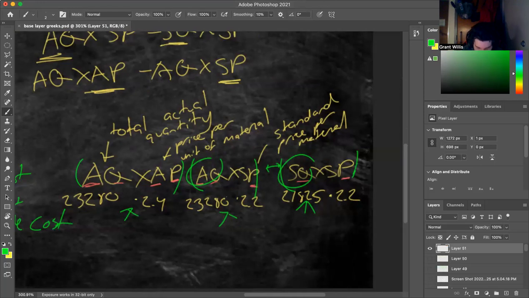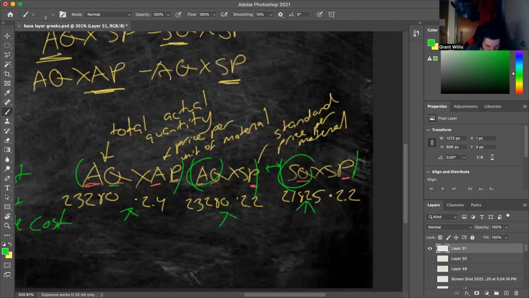Yes, the first one is 23,280 times 2.4, minus 21,825 times 2.2. Well, the problem is that in that situation both variables are changing. The quantity is changing and the price is changing. We want to subtract where only one variable is changing.